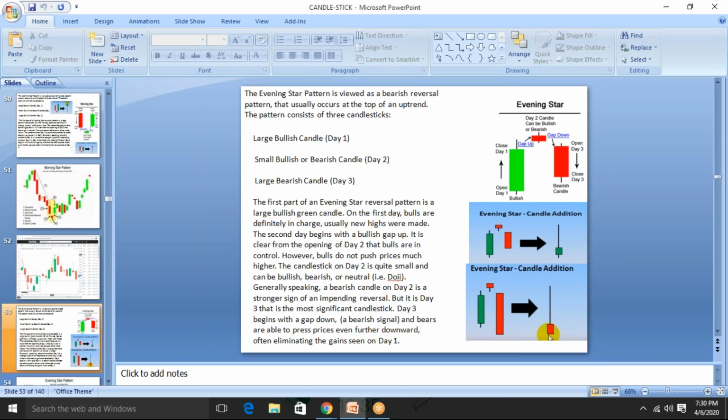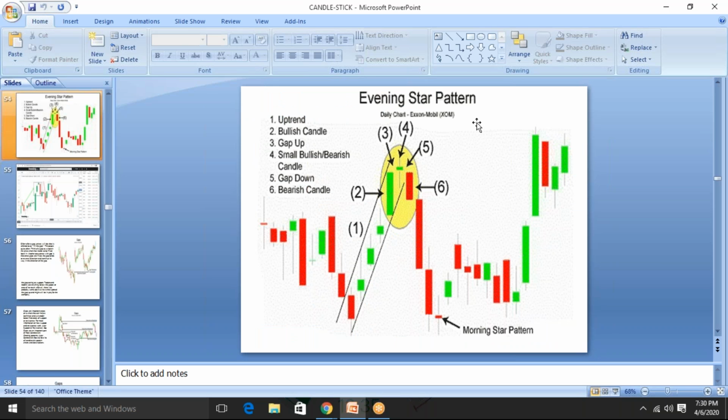And now comes the evening star. The evening star is the opposite of the morning star. The first condition of the evening star is that the trend of the market should be an uptrend, a complete uptrend. The second condition is that there should be a bullish candle. The third condition is that there should be a gap up opening of the next candle, and its color can be either red or green.